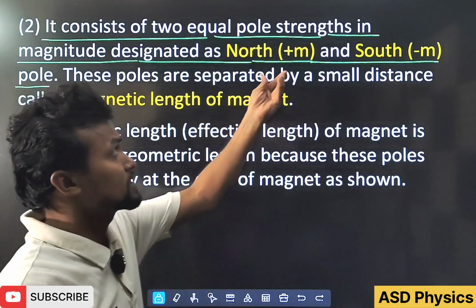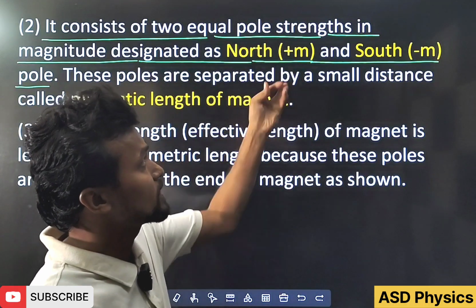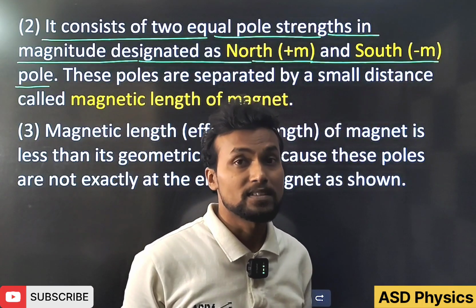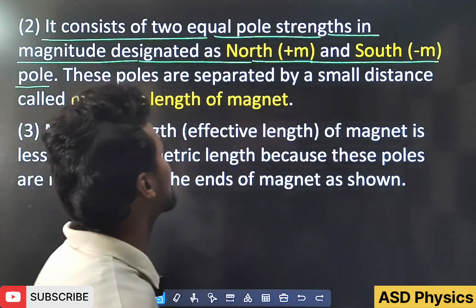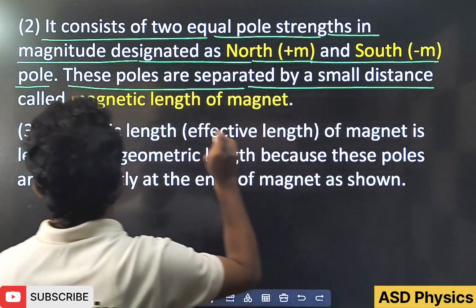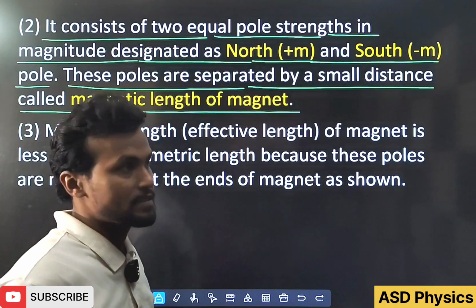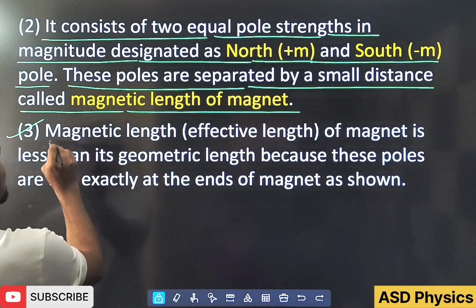Remember that this m is the pole strength. We'll see later. So north means we'll write plus m and south will write minus m. What is small m? Pole strength. Okay, and you can see very well these poles are separated by a small distance called magnetic length of the magnet.